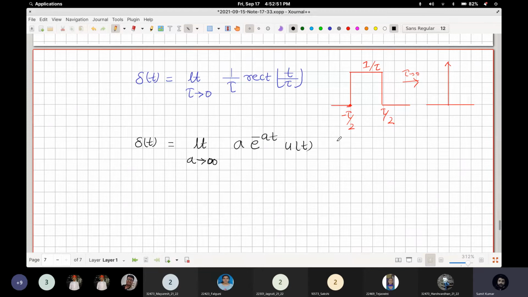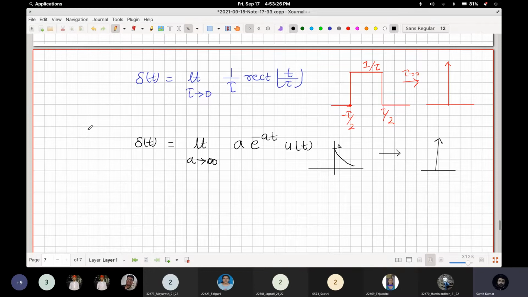So this signal, which is something like this, and this point here is equal to a, and as a tends to infinity, it's going to go upward, but it's going to become 0 very quickly, isn't it? And so it will also turn out to be like an impulse only. Okay, so delta t can be expressed as a limiting case of many other functions as well.